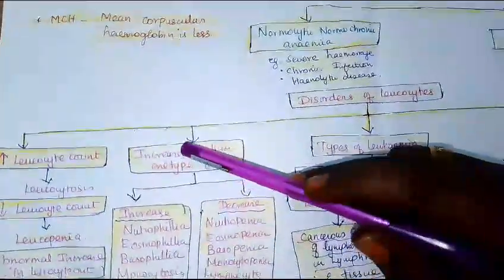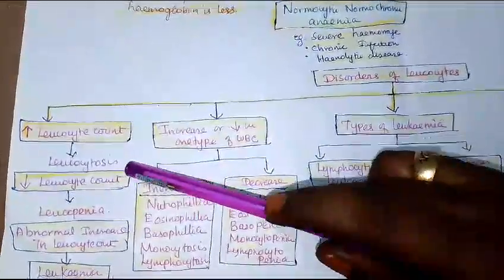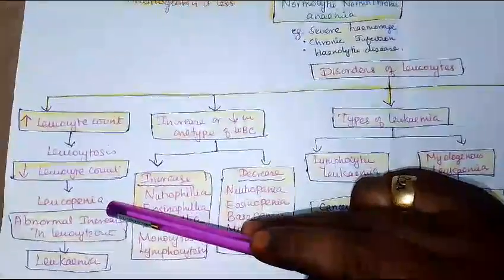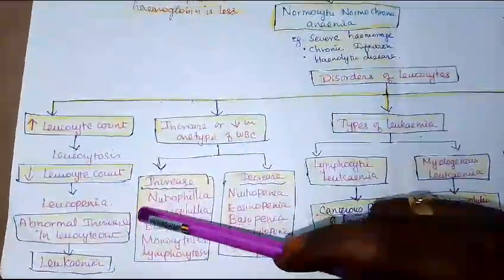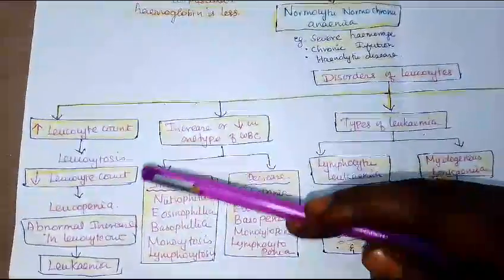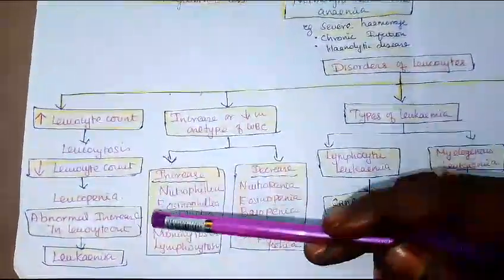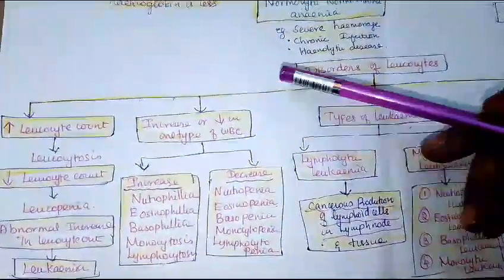If the leukocyte count is increasing, it is leukocytosis. If it is decreasing, it's leukopenia. Any abnormal increase or decrease, whatever it may be, will end up in some disorder, and if it is abnormally, so much increasing, the condition is called leukemia, a type of blood cancer.